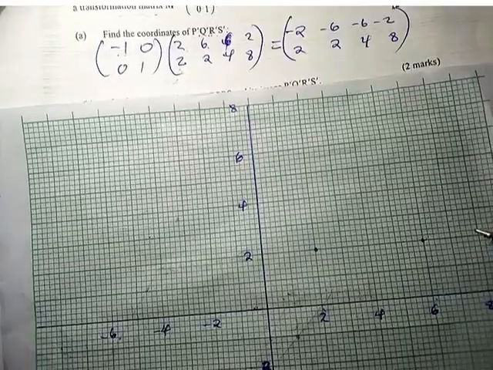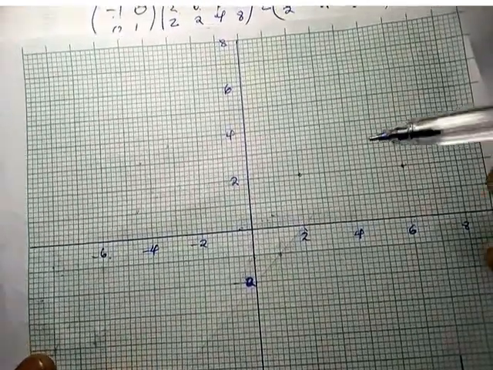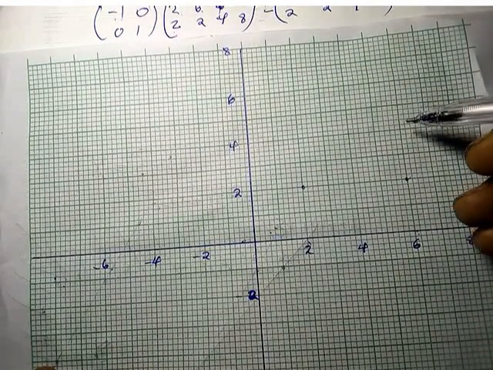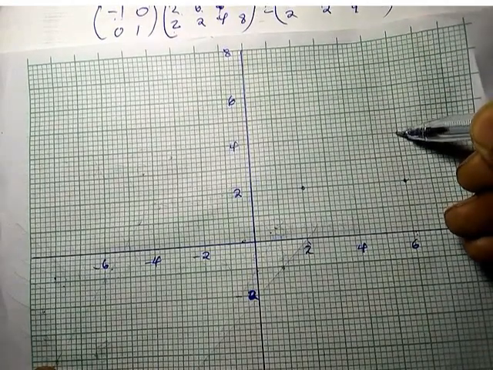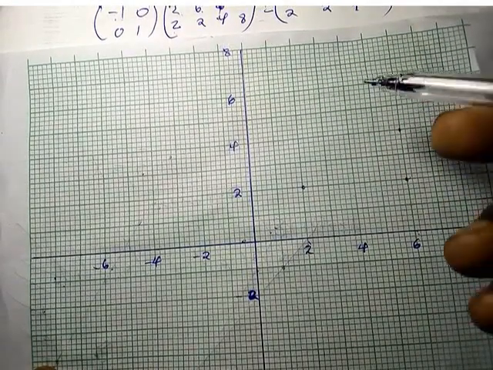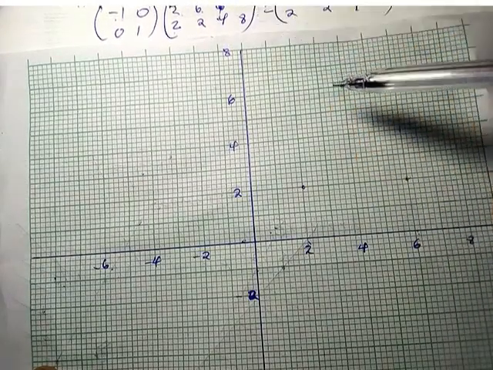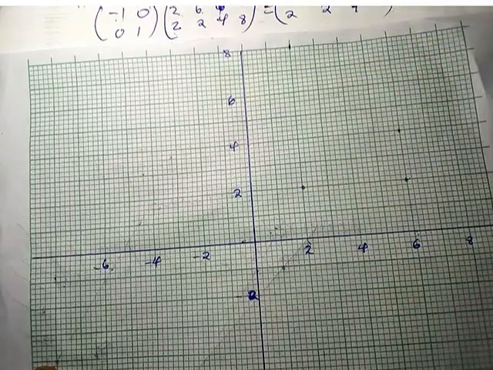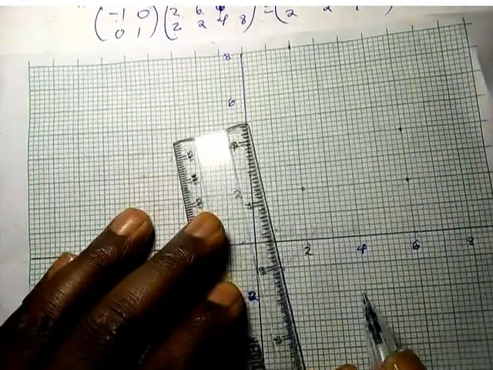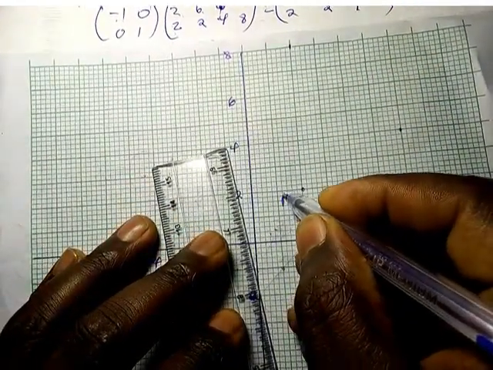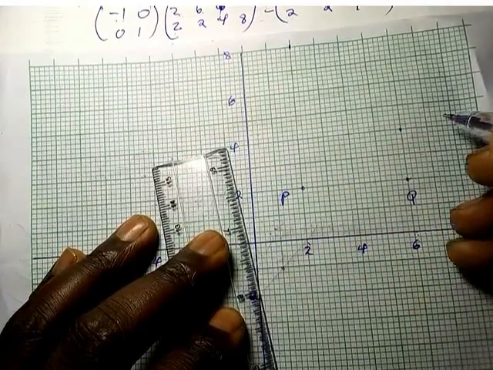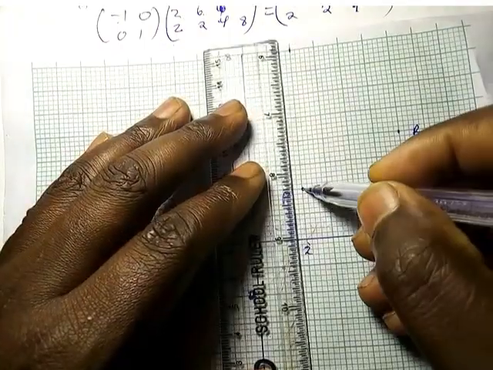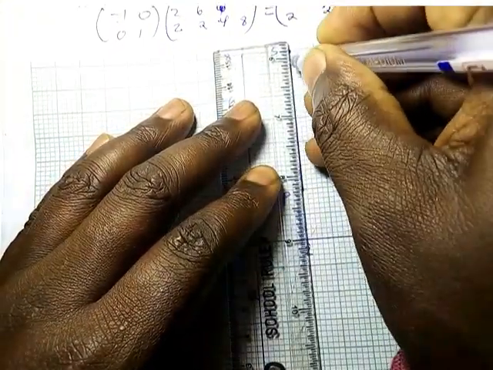And then 6, 4 here. And then 2, 8 there. So you take your ruler and join the points. This is point P, Q, R, S. So you join and get the object like that.